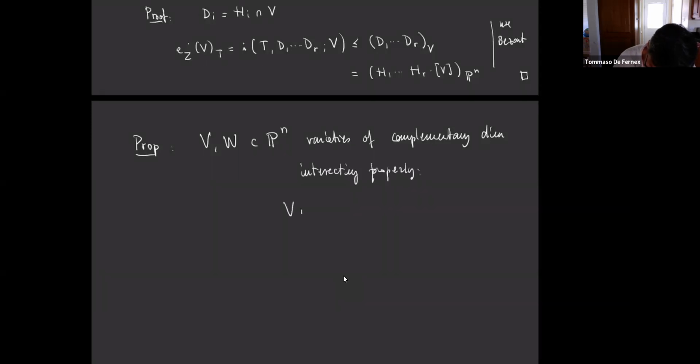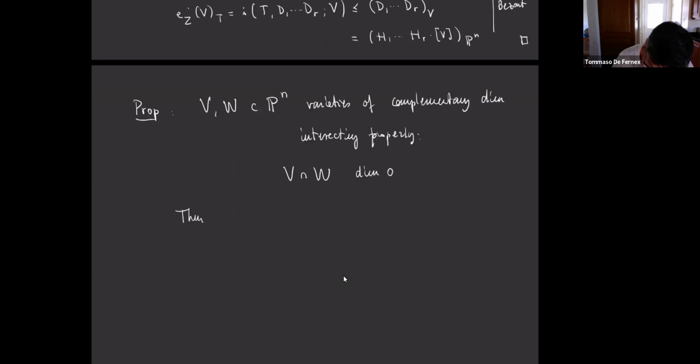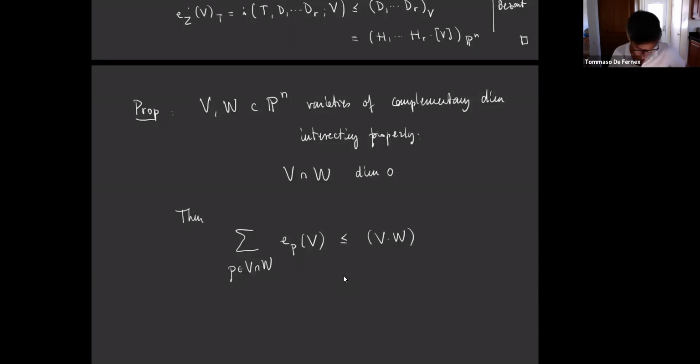Which means that when I look at the intersection, this is of dimension 0. Then if I take the sum over all points of intersection of the multiplicities, they will be bounded above by the intersection product of the two subvarieties in the Chow ring, which is just equal by Bezout to the degree of V times the degree of W.